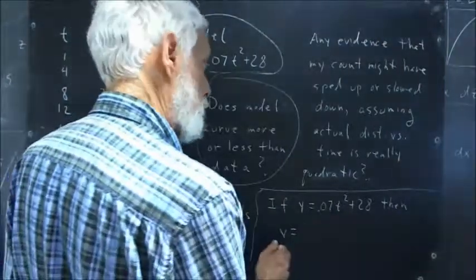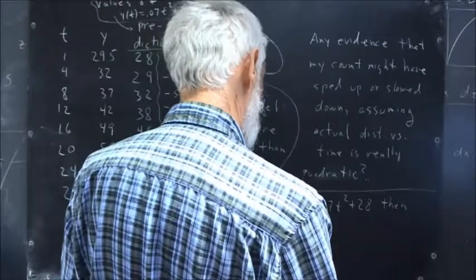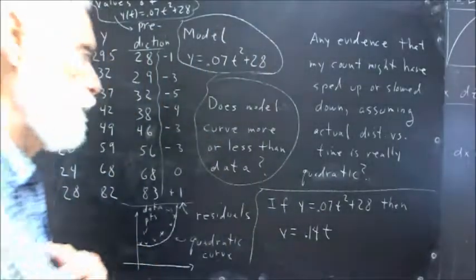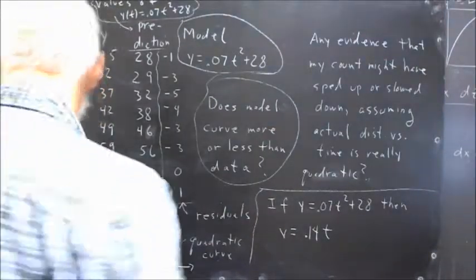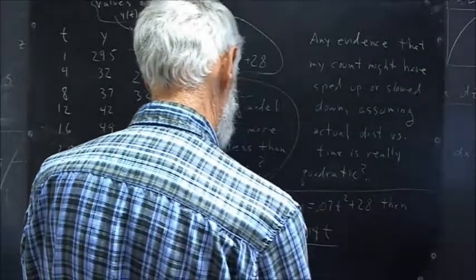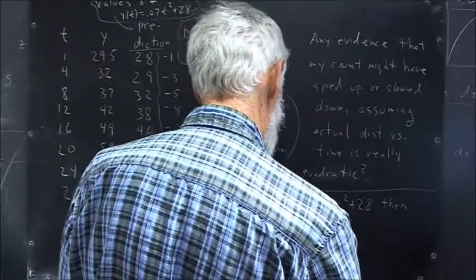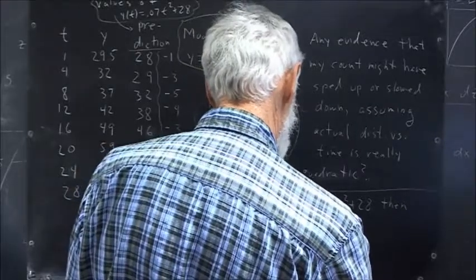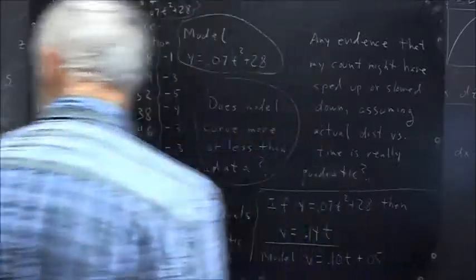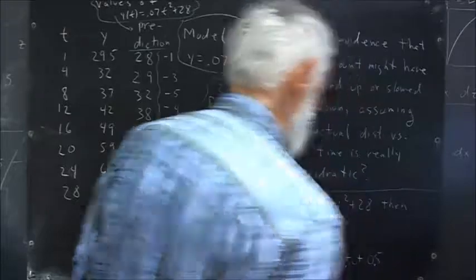So then, if y equals this, then the velocity ought to equal 0.14 times t. Now, our velocity model was v equals 0.10 t plus not 0.05 but 0.5.